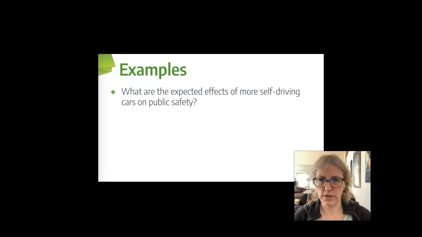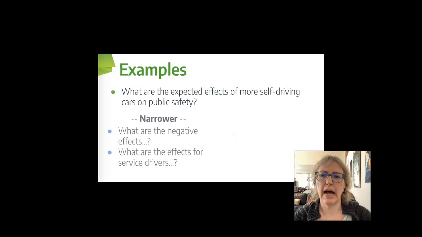Let's look at ways to revise our better example from before. Say I'm having a hard time with my research job because I'm finding way too much source material. How do I regain my focus so that it's manageable? I can revise my original question so that it homes in on negative or positive effects, or I can change it up and instead of focusing on public safety, focus more on what effects self-driving cars will have on service drivers.